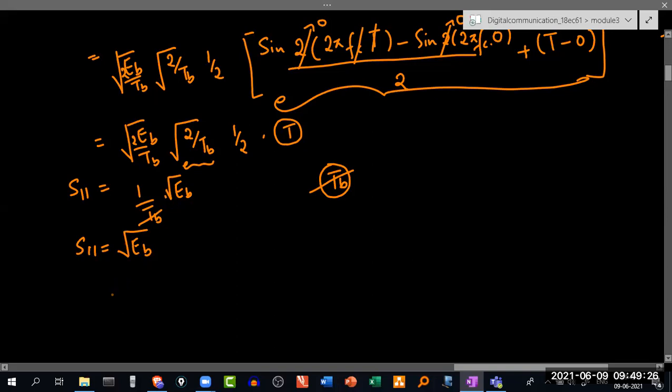So in a similar way, I can also extract the value for S21 by integrating signal S2 of t times phi 1 of t dt.